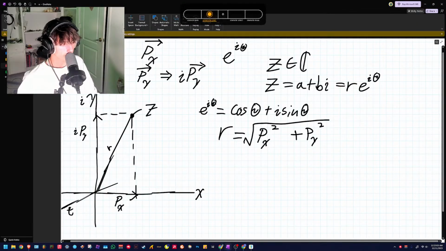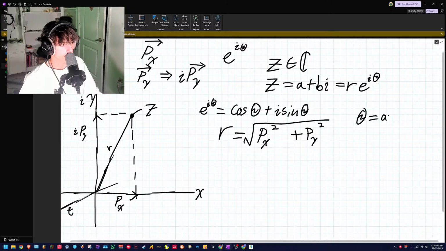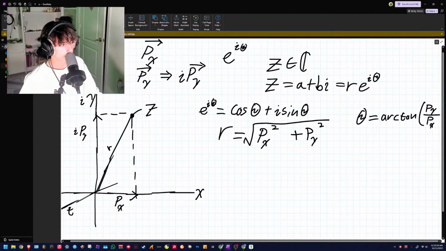We can put theta equals arc tan of the opposite over the adjacent. So that gives us theta.